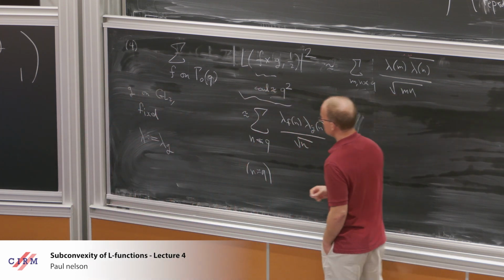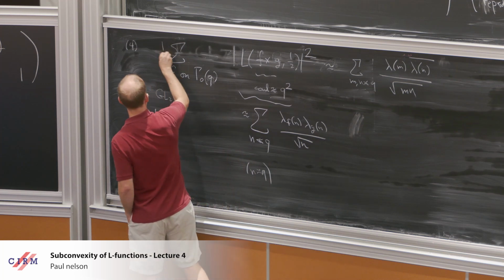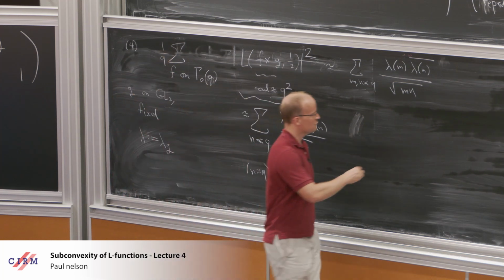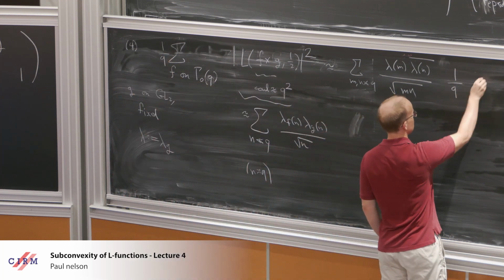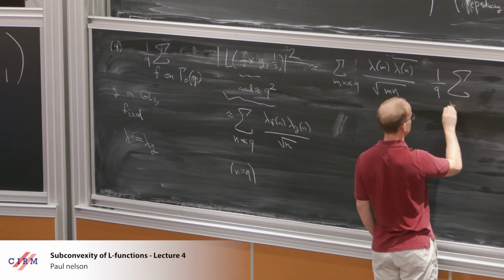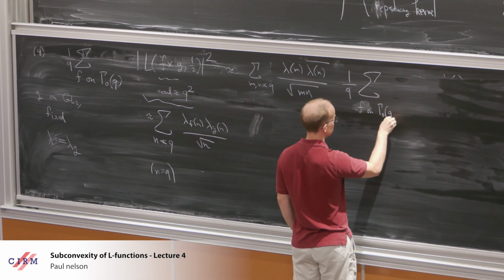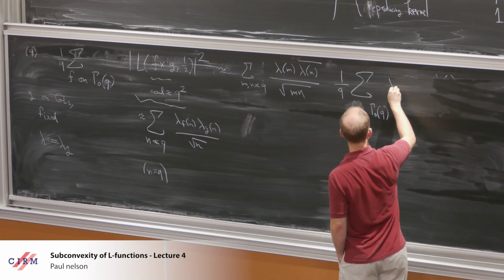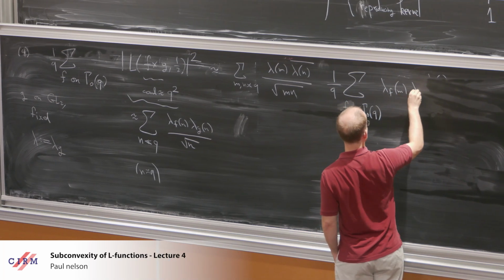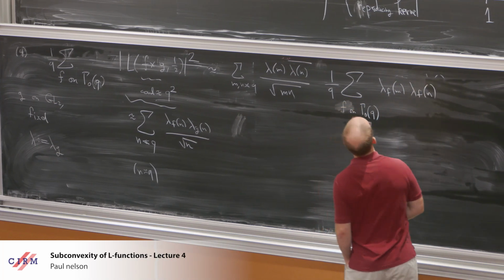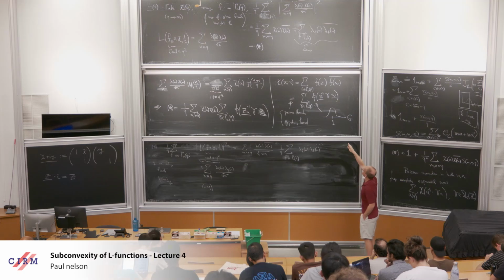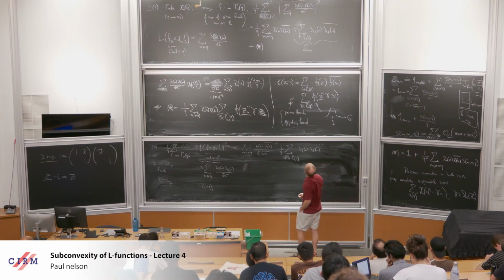And then if we normalize it by averaging, we'll be left with basically the same thing we had before. So you'll have an f on gamma naught of q of lambda f of m, lambda f of n. And this is exactly this expression that we called sigma mn on the top board, right?